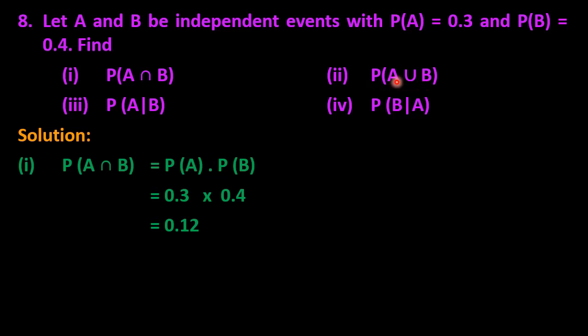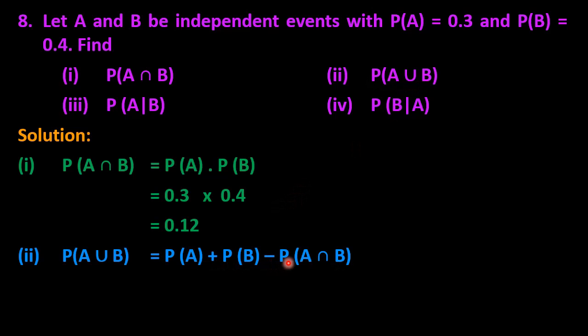So this P(A union B) is given by the formula P(A) plus P(B) minus P(A intersection B). So P(A) is 0.3, P(B) is 0.4, and P(A intersection B) is 0.12. So after replacing the value here, and then after simplification, we have got 0.58.